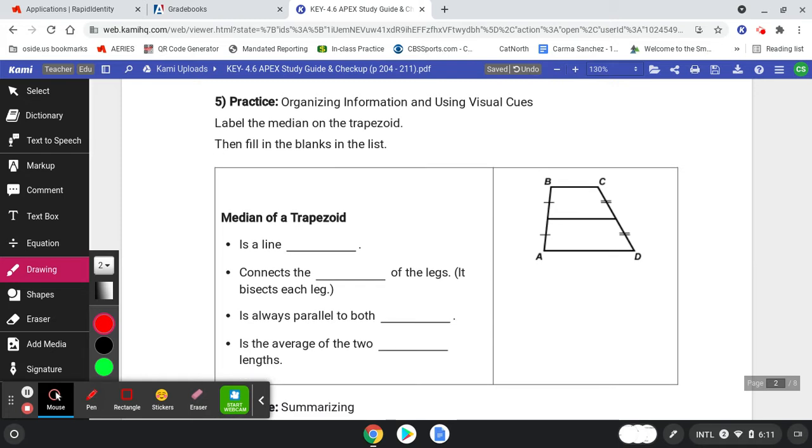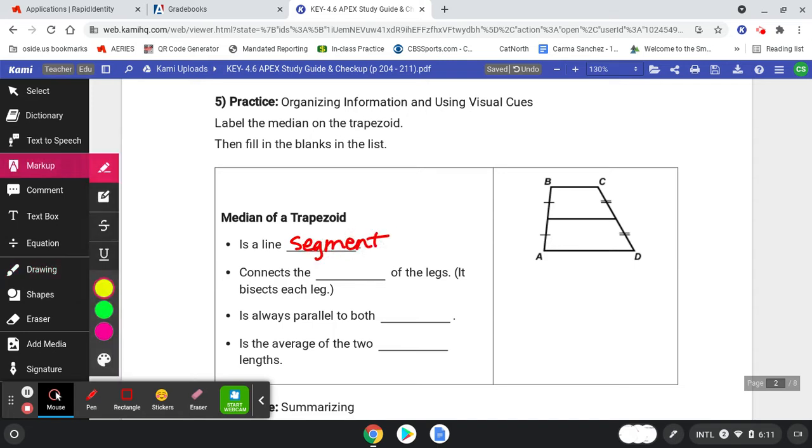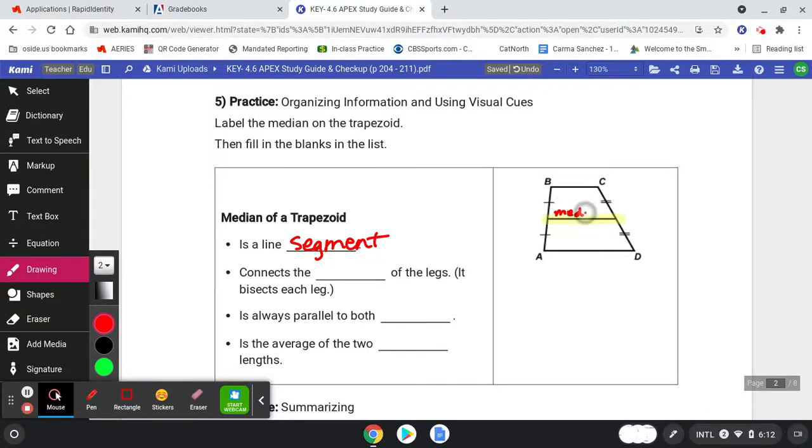Median of a trapezoid is a line segment. I'm going to go highlight it if I can over here. There's the median. Let's also label it. It connects the midpoints of the legs.